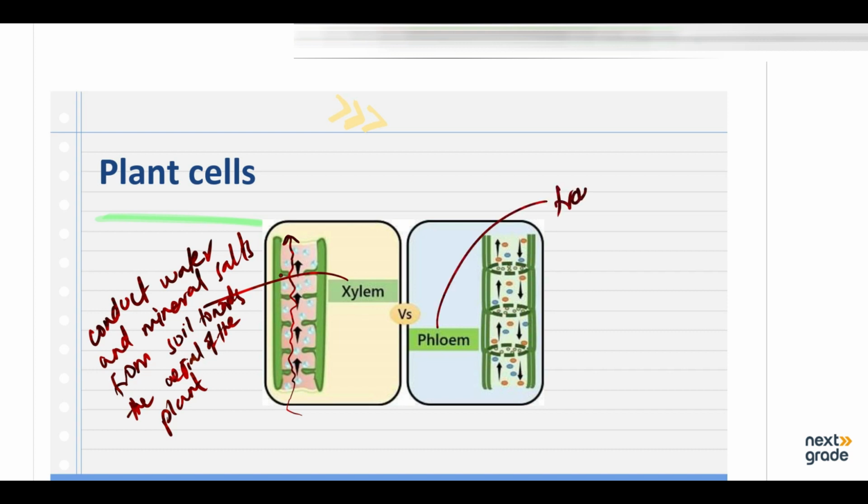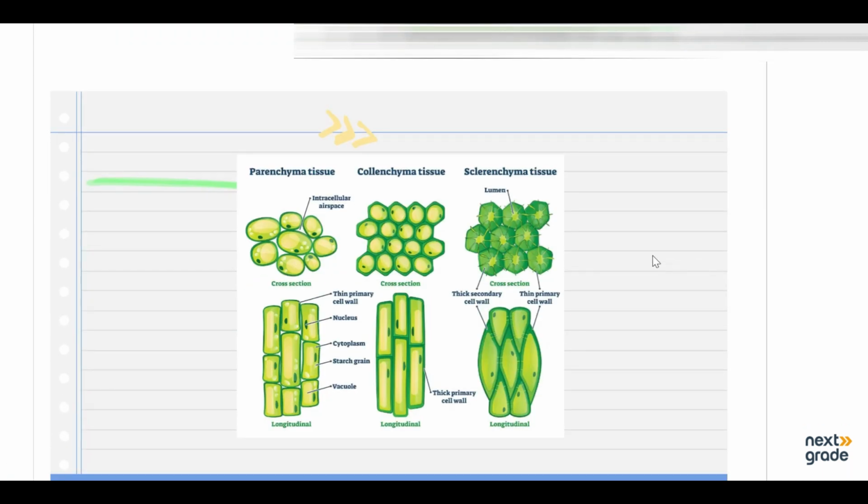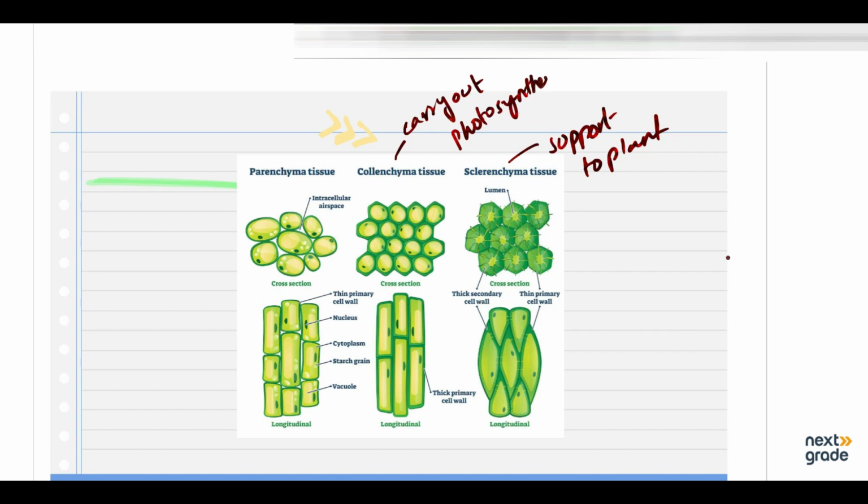Their function is to translocate food. ठीक है, इनका function है food को distribute करना, as you can see in this picture, right? इसी तरह प्लांट्स में और भी different types of cells होते हैं, जैसे कि sclerenchymatous cells, they give support to the plant. इसके अलावा chlorenchymatous cells, they carry out photosynthesis. ठीक है। उसके अलावा अगर आप parenchyma cells को देखें, they produce new cells for the growth and development of the plant, right?